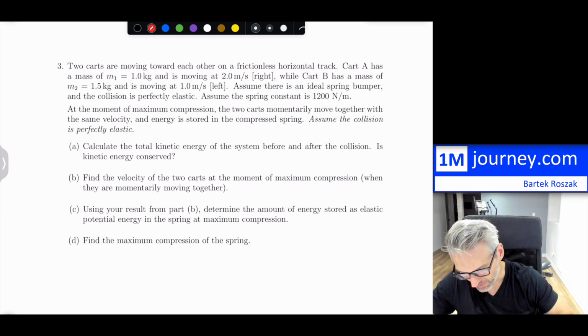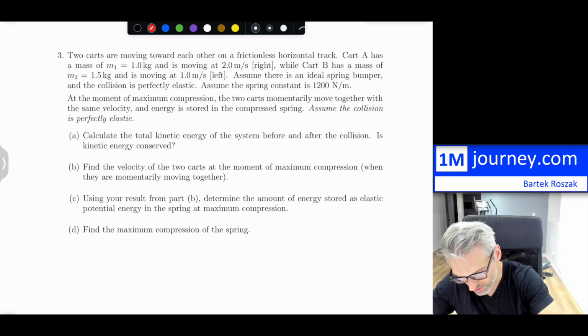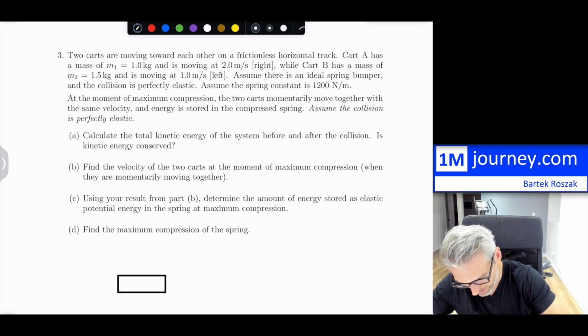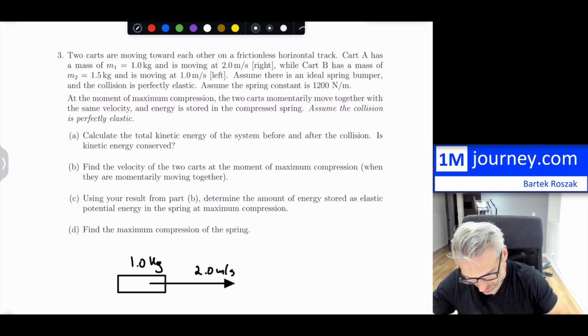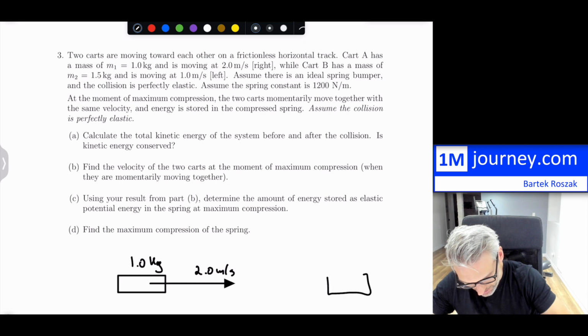All right, so let's take a look. Let's draw this out. What is exactly happening in here? You have one mass, so here's cart number 1. This is moving to the right. This is 1 kilogram in mass, and it's 2 meters per second. Then you have another cart right here, and this one is 1.5 kilograms.